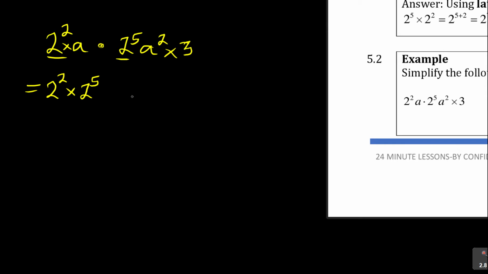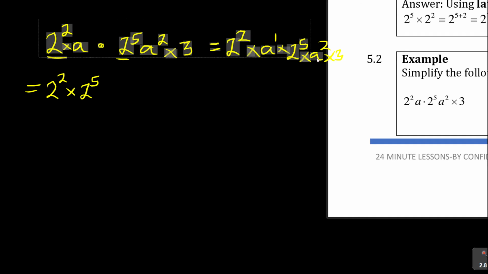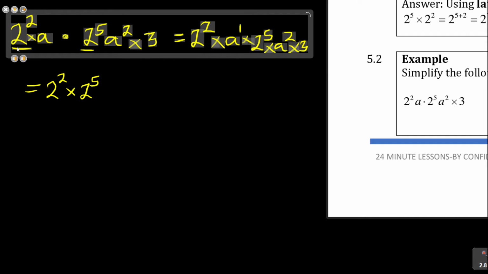Now if it's 2 squared a, it means there is a hidden times there. Are you with me? So this is the same as saying 2 squared times a, but now the power for a there is 1. You see that? That dot can be times, 2 to the power of 5 times a squared times 3. Do you see what I'm trying to say? That's what this whole thing means.